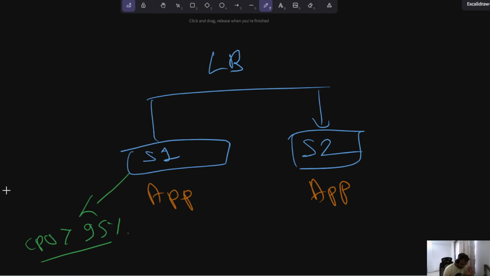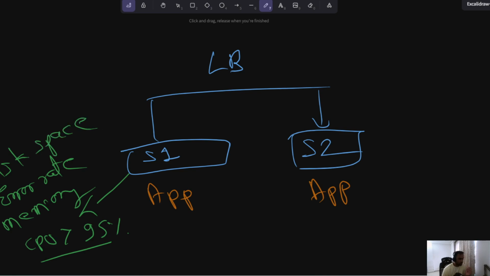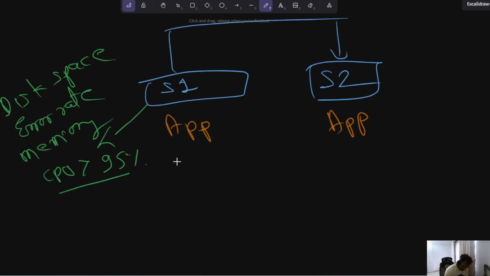Similarly, we could have other metrics such as error rate, memory, and disk space. Okay, so the metric could be anything. Similarly, from the application, we could have custom metrics, such as JVM or HTTP status code.